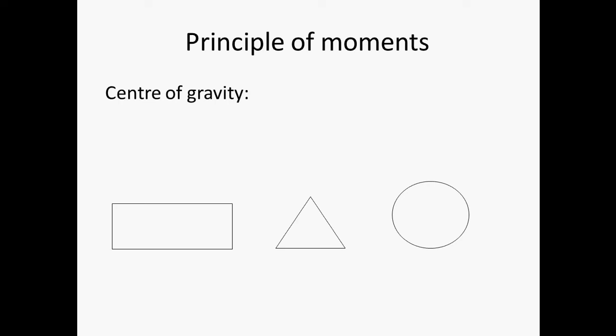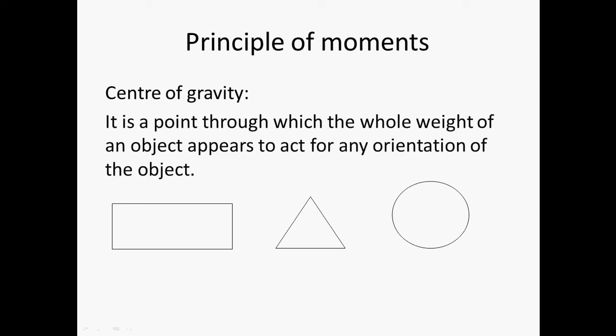If you don't know, you may end up missing one of the forces acting on the body in the moment question. All right, so what is center of gravity? It's a point through which the whole weight of an object appears to act for any orientation of the object.